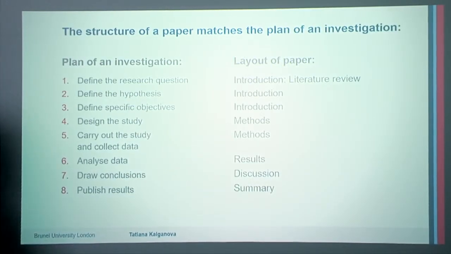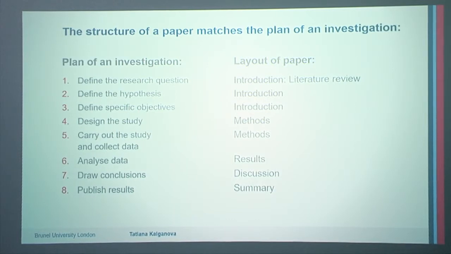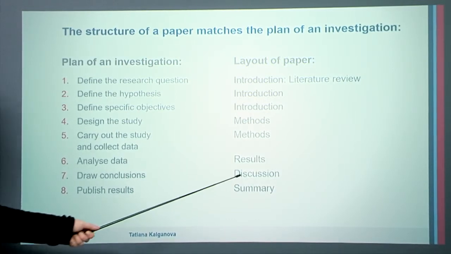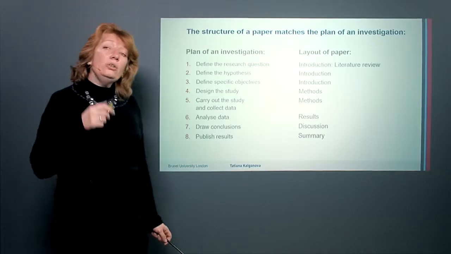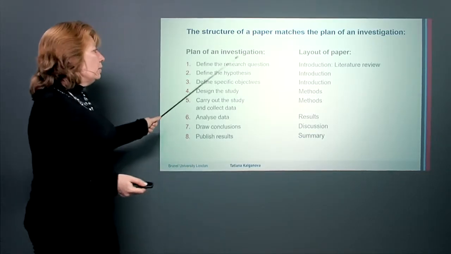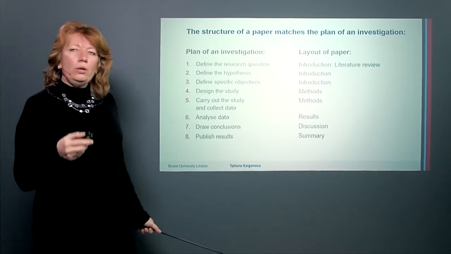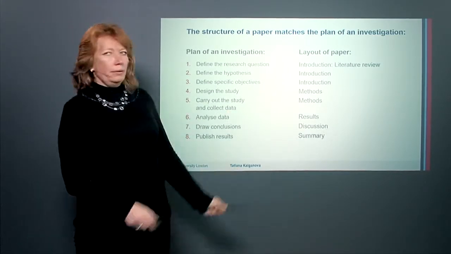All this will be clearly stated in the methods part. Analysis of results will go to the results and experimental results part. Drawing conclusions could go through discussion or summary and conclusion. Can you see that the plan of investigation maps very well to the plan of a paper?